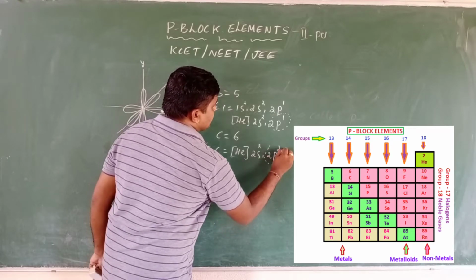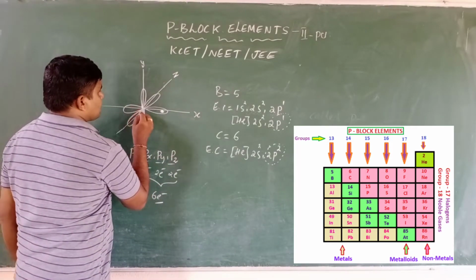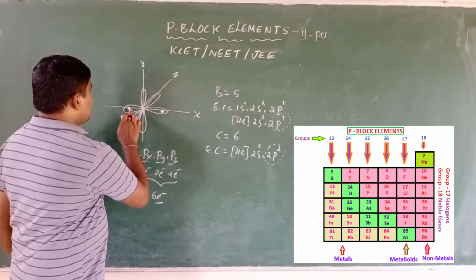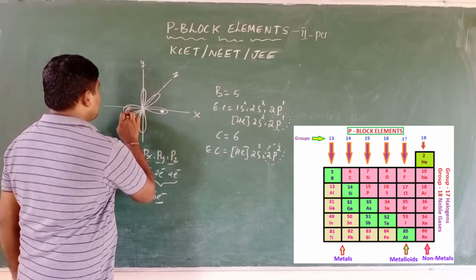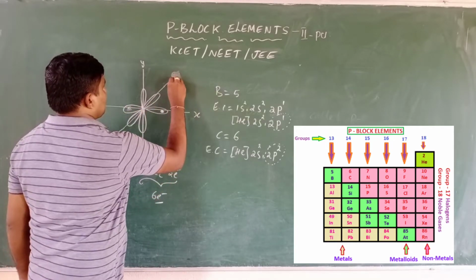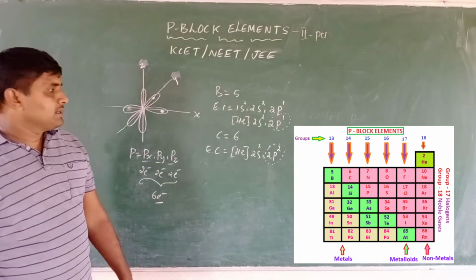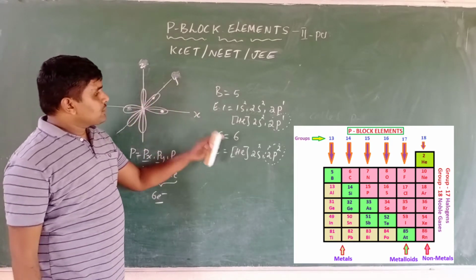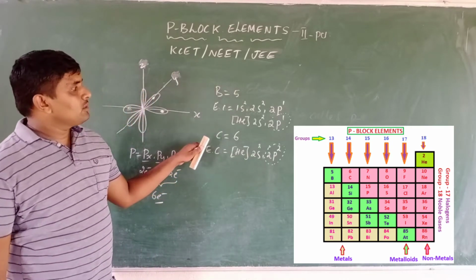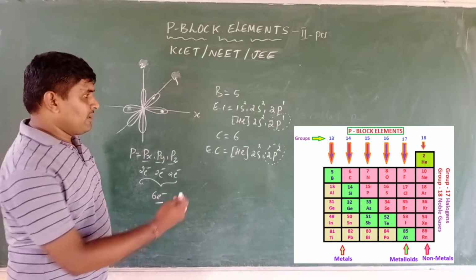Here you can see, dear students, in the p orbital there are 2 electrons, Px and Py. If it is 2 electrons, what happens? This will be in the 14 group. You can see there 14, carbon, that is the carbon family, right?